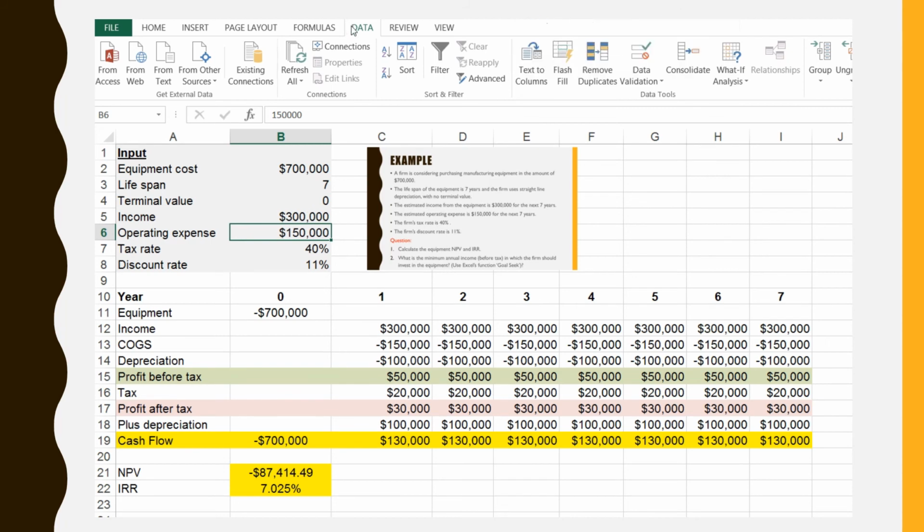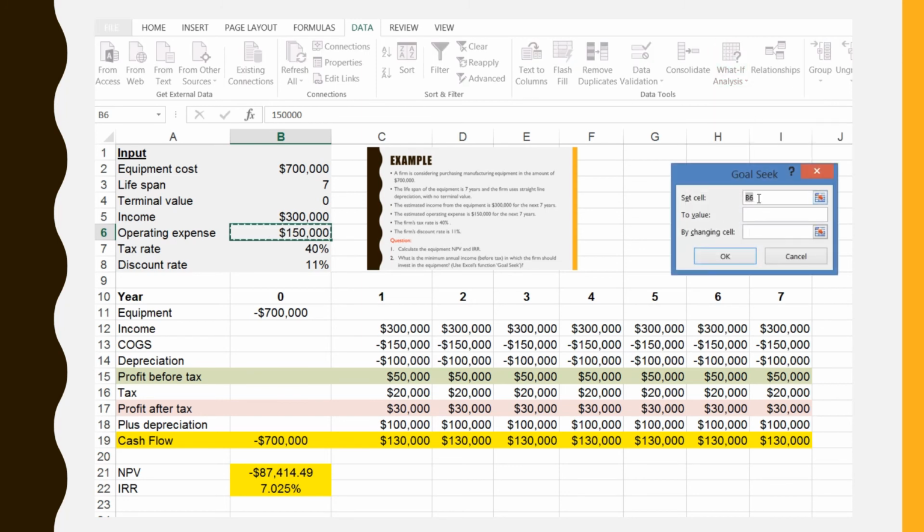We go to data, what if analysis, goal seek. This time we set cell of NPV to value 0, by changing the equipment cost. Click OK.